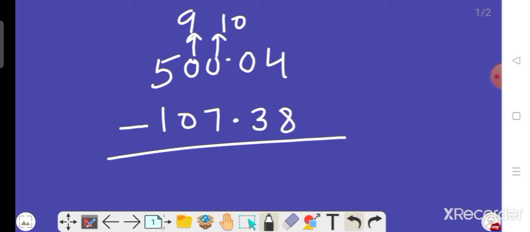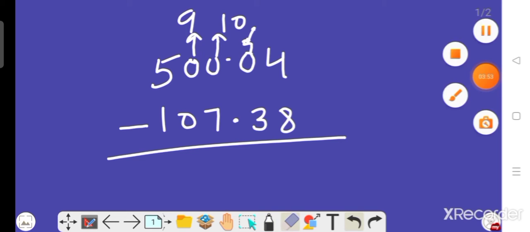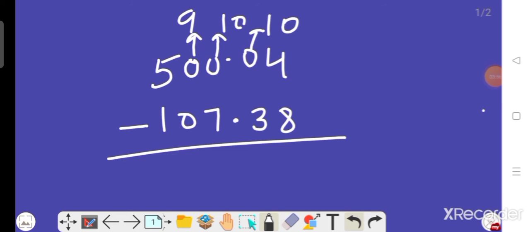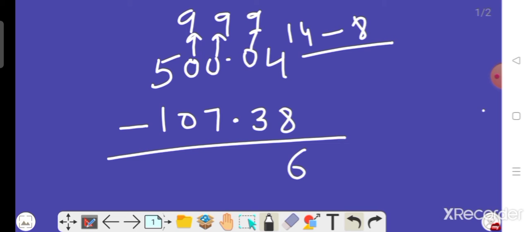Again as before, from this 10 the 0 will take carry, after taking the carry this 0 will become 1, and after giving carry this 10 will become 9. Again this 4 will take carry from this 10 and become 14, and again this 10 will become 9. This will become 9 and this will become 14. So 14 minus 8 is equal to 6.